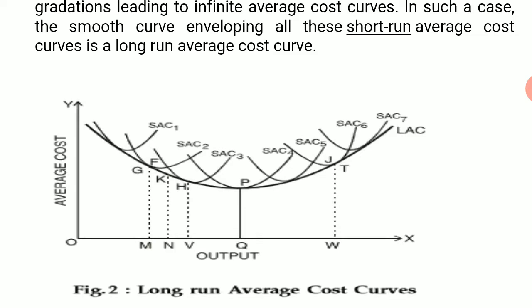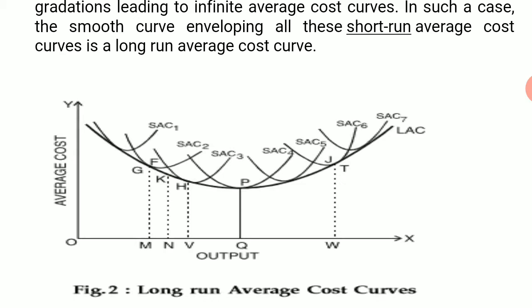It is also possible for the firm to produce the output OM with SAC3. However, this will lead to a higher cost of production as compared to SAC2. On the other hand, to produce a higher output OV, the firm requires SAC3. If the firm uses SAC2 for the same, then it results in a higher unit cost.